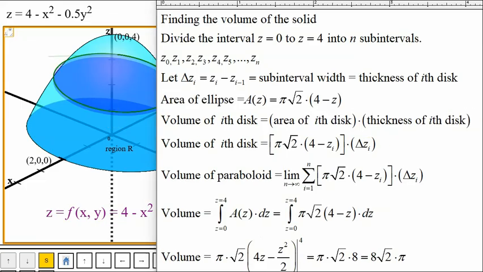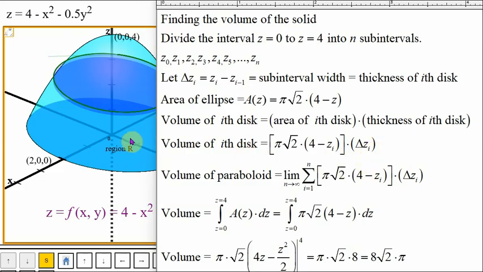A few moments ago, we saw that the area of the disk in terms of z is pi times the square root of 2 times 4 minus z. Here the distance from the origin to the disk is z sub i, and the thickness is delta z sub i.